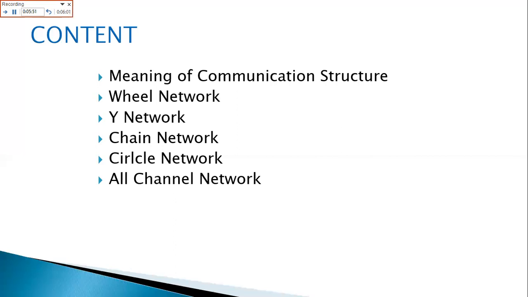Same Y network. It is the pattern of communication network in which top leaders or managers communicate to the person close to them.